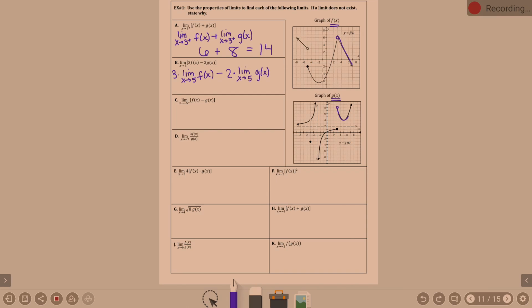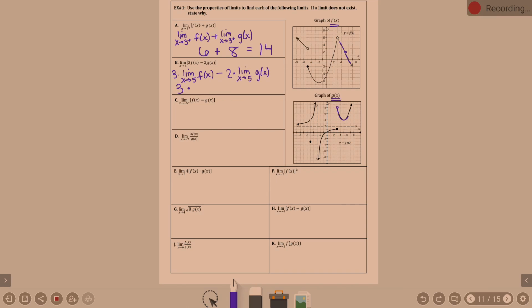Okay, well, I got 3 times the limit as x approaches 5 of f of x. Maybe 6 times 3. Oh wait, no. It'd be 5. Okay, so the limit as x approaches 5 is 2, because from both ways you're approaching that point right there, yes?